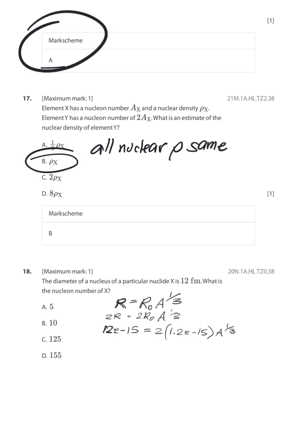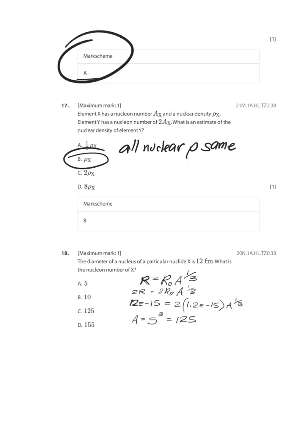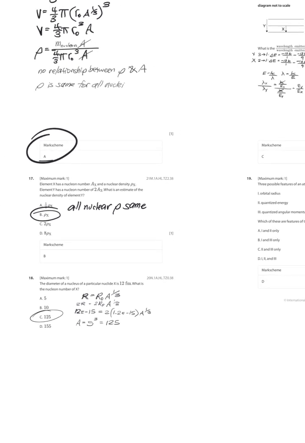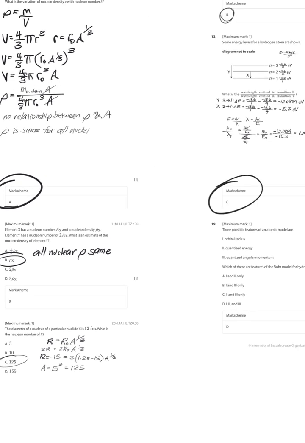Femto, of course, means 10 to the negative 15. And we put in 2 times the Fermi radius times A to the 1/3, solve for A. All right, and if we solve for A, that would be 5 cubed, which is 125, which is C. And of course, the mark scheme puts C over here because reasons.